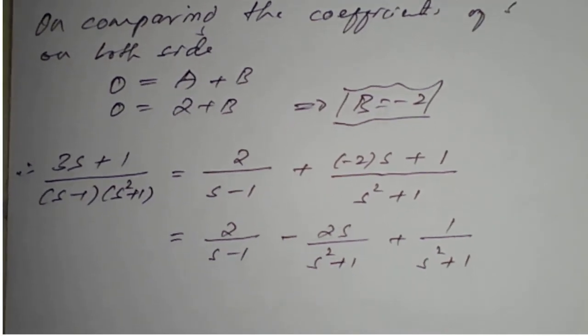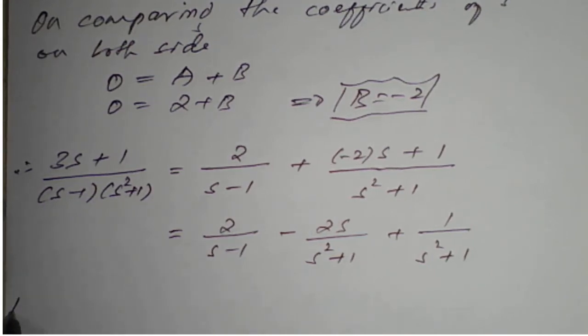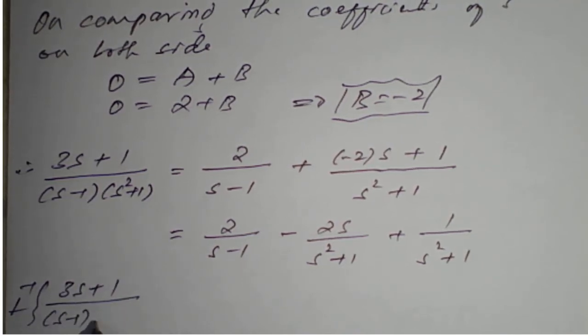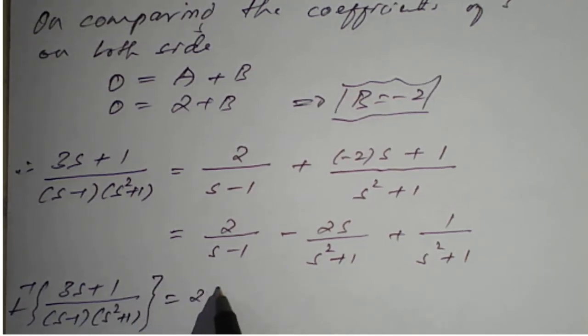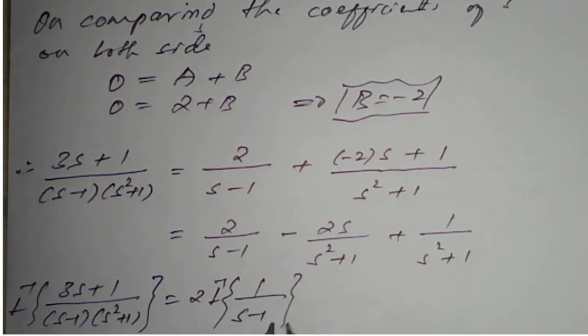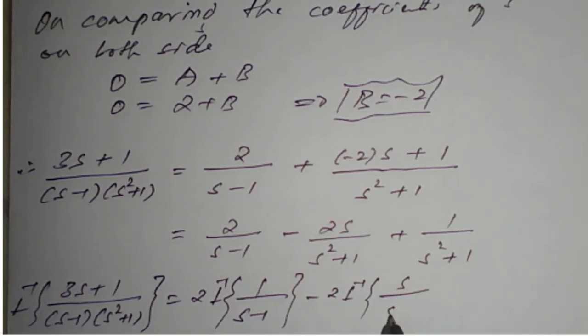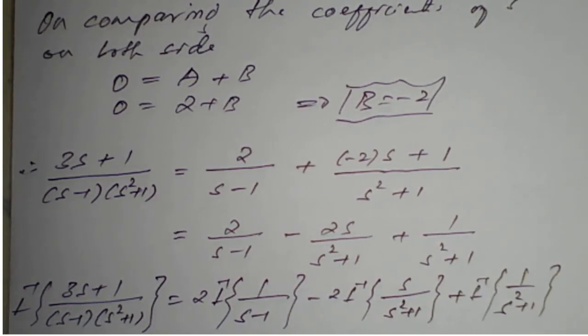Now we can easily apply the inverse Laplace. Take inverse Laplace on both sides. The inverse Laplace of the left side is equal to 2, a constant, times inverse Laplace of 1 by s minus 1, minus 2 times inverse Laplace of s divided by s square plus 1, plus inverse Laplace of 1 by s square plus 1.